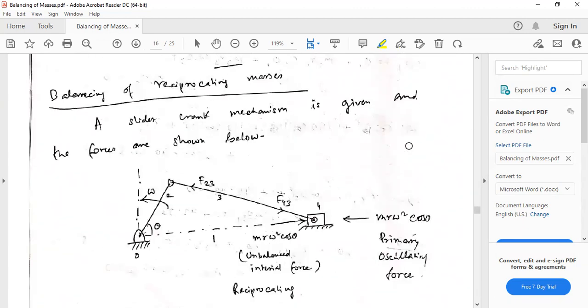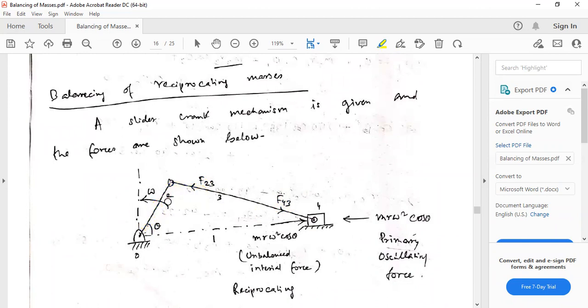These are actually the forces of link 2 with respect to link 3. Similarly, forces of link 4 with respect to link 3. Okay, the directions are like this. Why? Because you have the instantaneous center of rotation between these two here.